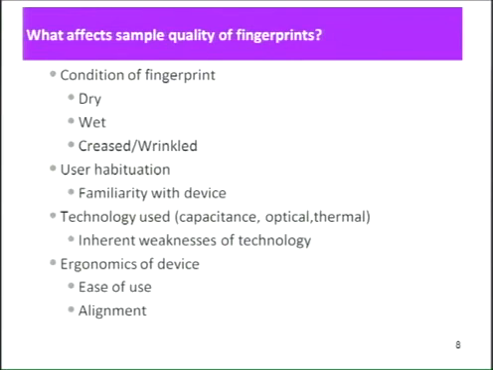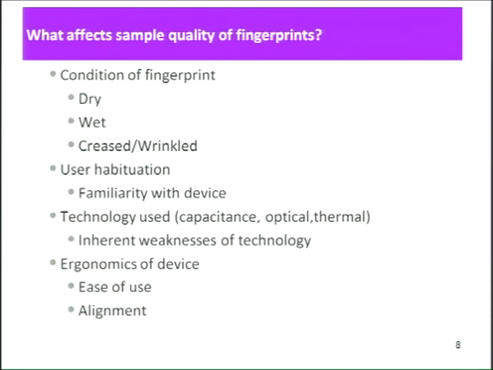In terms of fingerprints, what are some of the factors that can affect sample quality? The first one is the condition of the fingerprint itself. Depending on how dry or how moist your fingerprint is, it will provide different characteristics on different types of fingerprint sensors. Then there's habituation. How well does the individual know how to interact with the device? Nowadays, you see laptops with swipe fingerprint sensors on them.